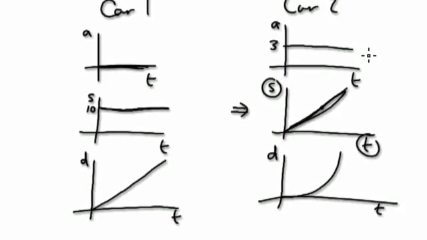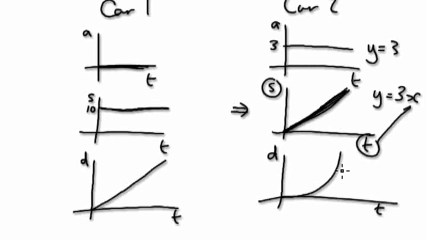So here the formula for this line will be y equals 3x. In this case, t is x and s is y, but let's leave it as y and x. So the equation for this line is y equals 3x.